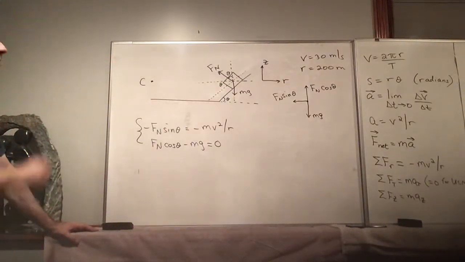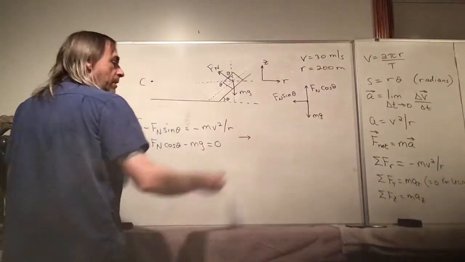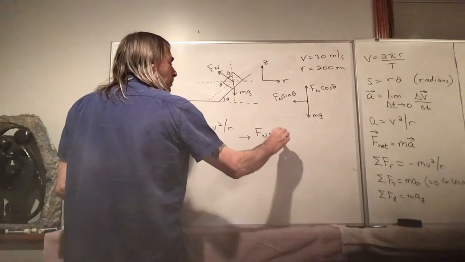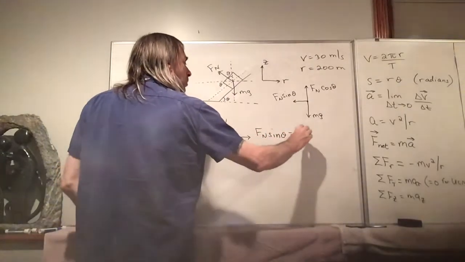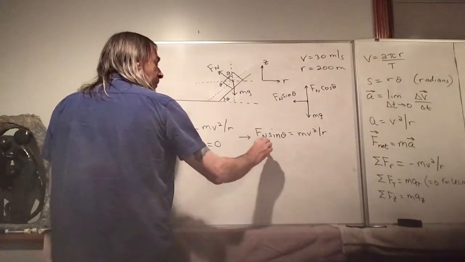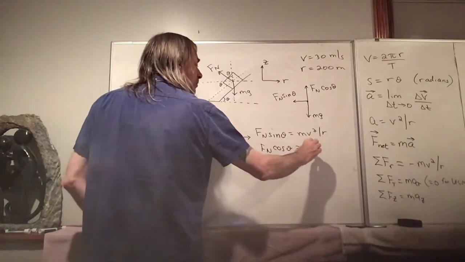And so now let's clean this up a little bit. Let's get rid of this minus sign. So we have Fn sine of theta equals mv squared over r. And here Fn cosine of theta equals mg.